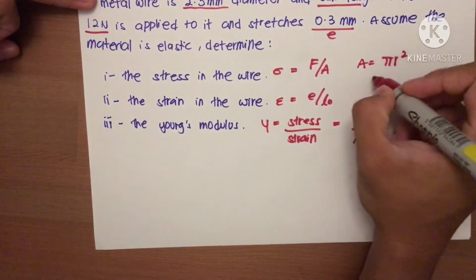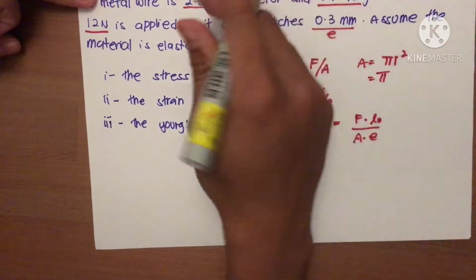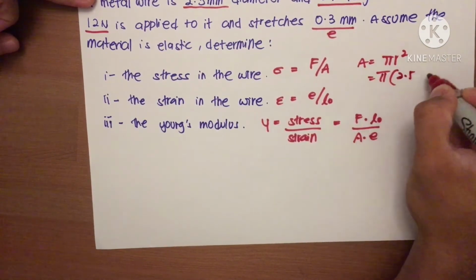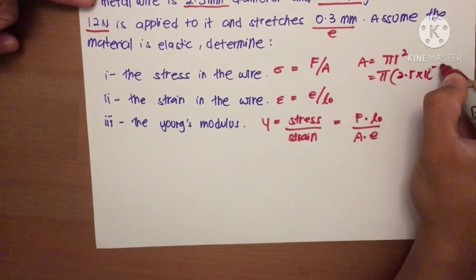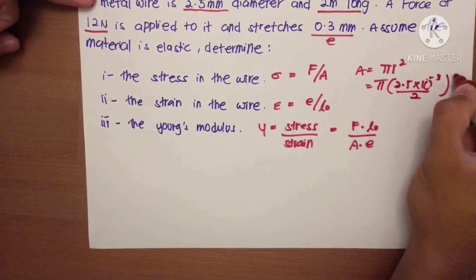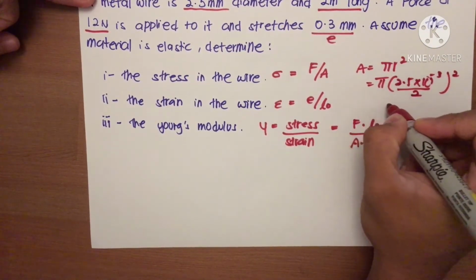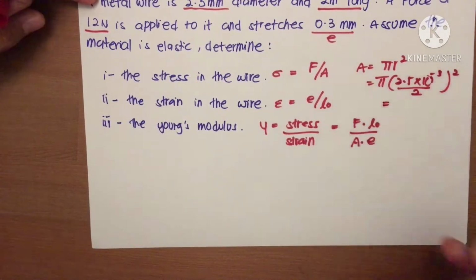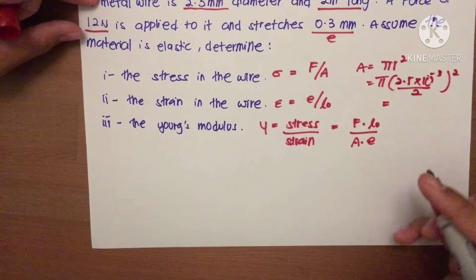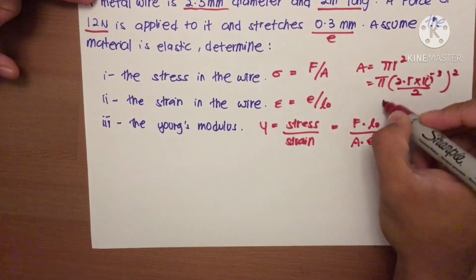The radius is half, so we have pi times 2.5 times 10 to the power of -3 divided by 2, squared. Therefore you will get A. Let's calculate this one.